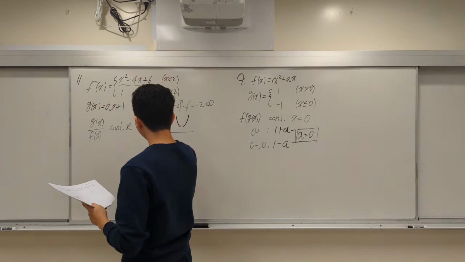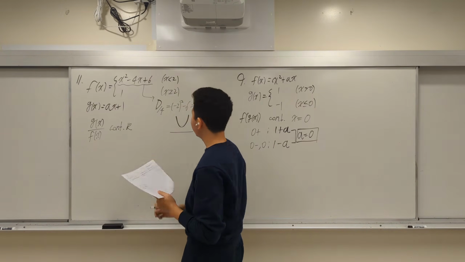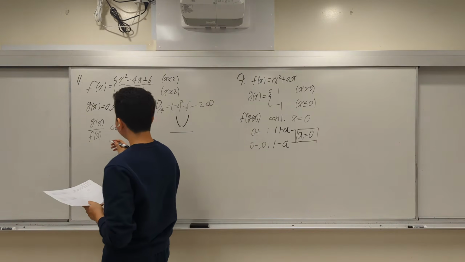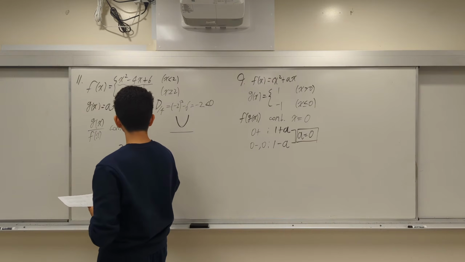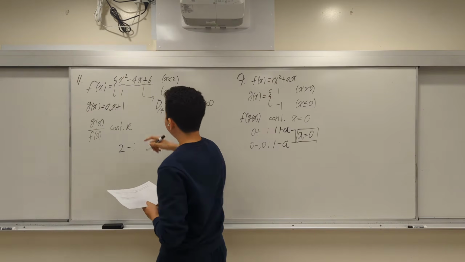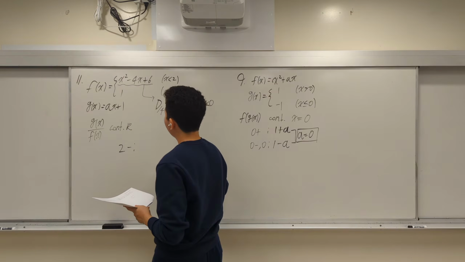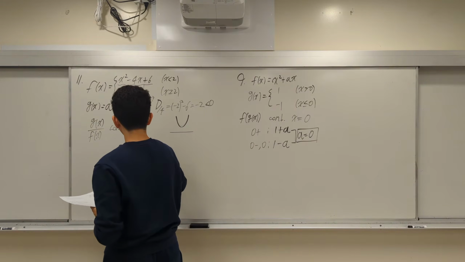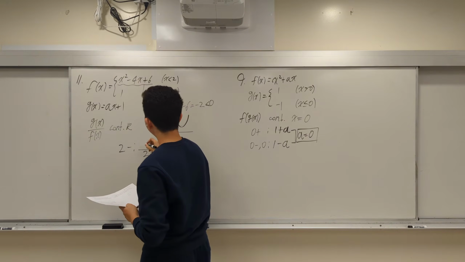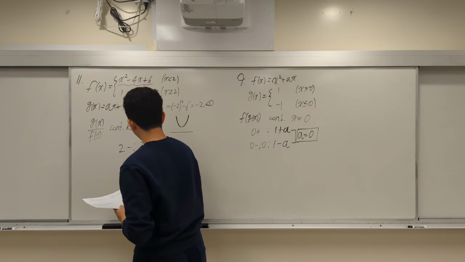Okay, so it needs to be continuous. All we have to check for is the boundary at 2. So at 2 minus, f of x is going to be 4 plus 6 minus 8, so that's 2, and then g of x is going to be 2a plus 1.